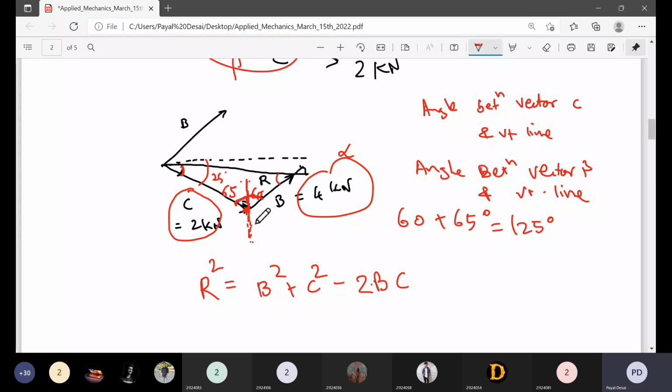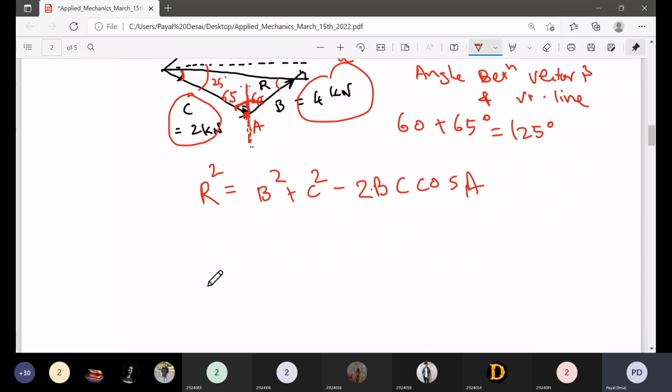So let me call this angle A, cos A. This is our cosine rule. One minute, what is that formula? It is the same formula, right? Okay, so we can take the square root finally.